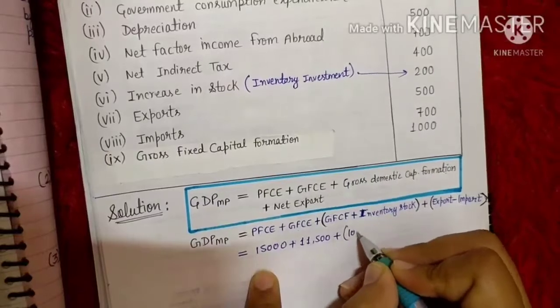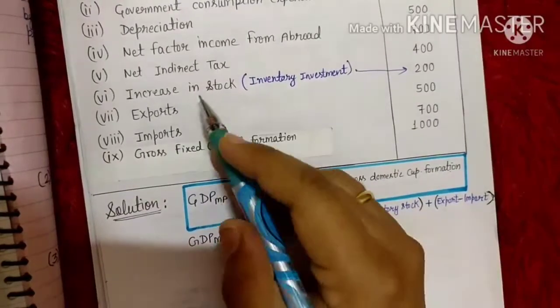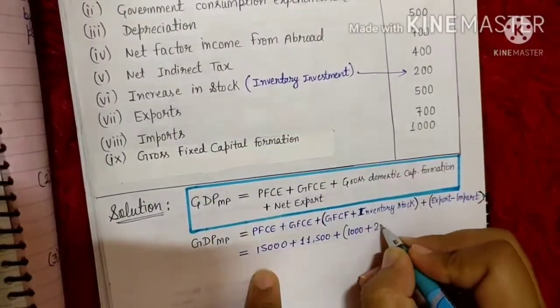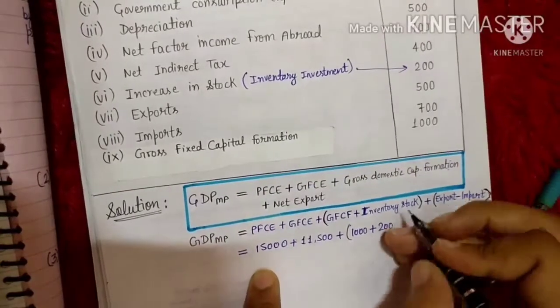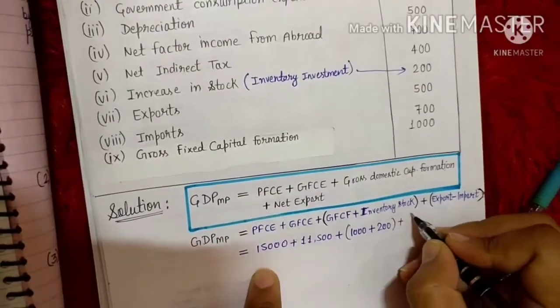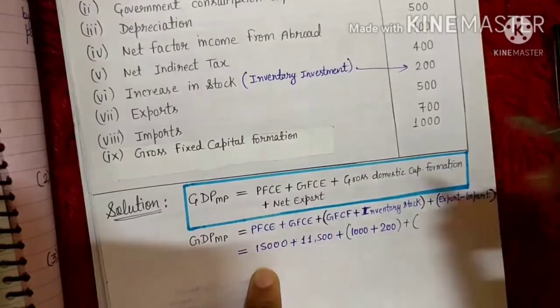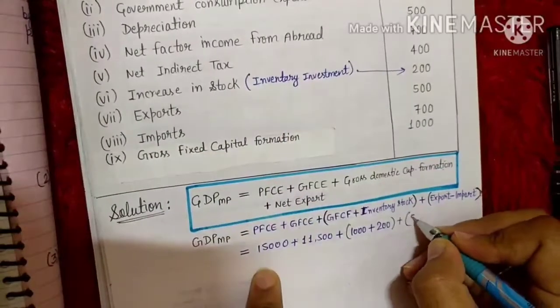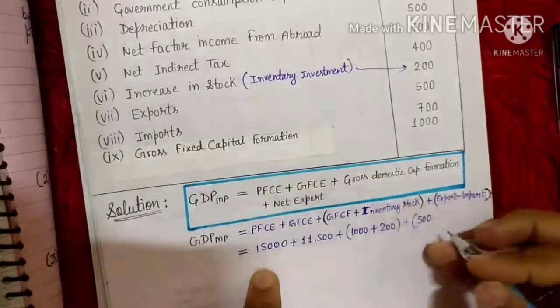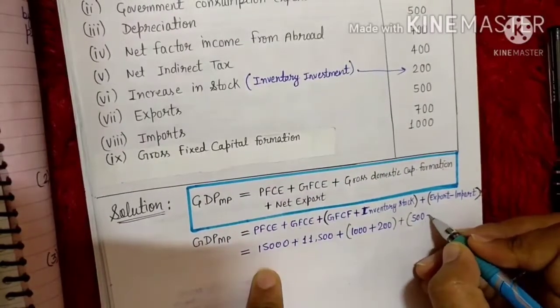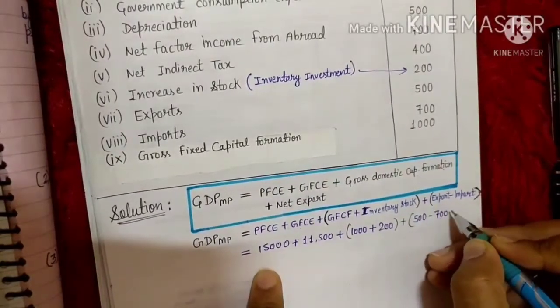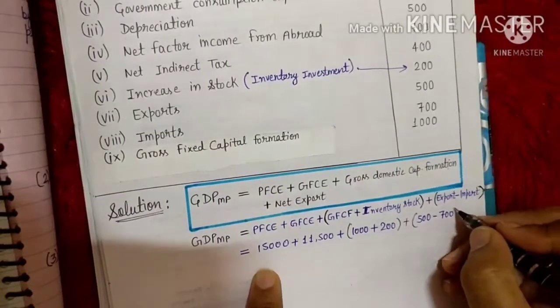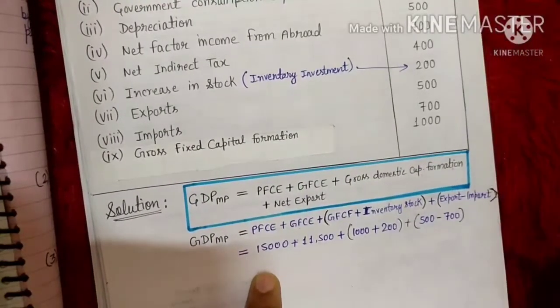How much? 1,000. And then inventory stock, 200. So we can close our bracket. Then we have to find export minus import. Export is given as 500, and import is given as 700, so minus 700.